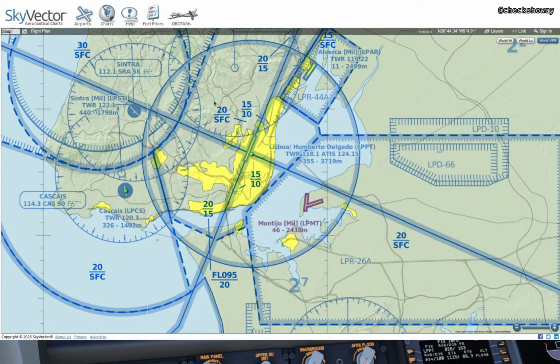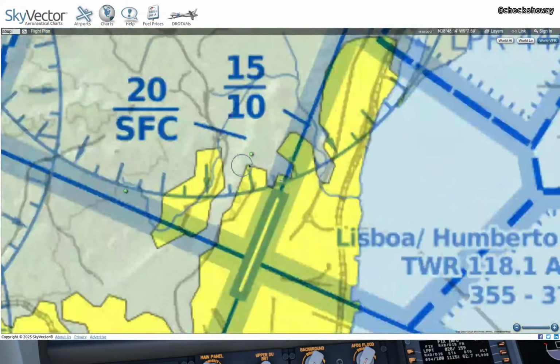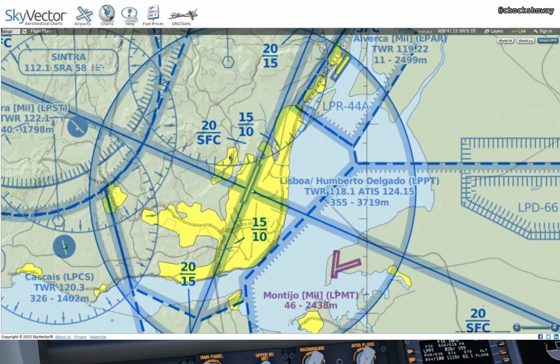So you can see here from 2,000 feet down to the surface, SFC, you've got this bit of controlled airspace here. It looks like it's split as well, so you've got some kind of split between different quadrants of that. Interestingly, you've got an indication here for both surface to 2,000 feet, but you've also got, what's that pointing towards? Nothing.